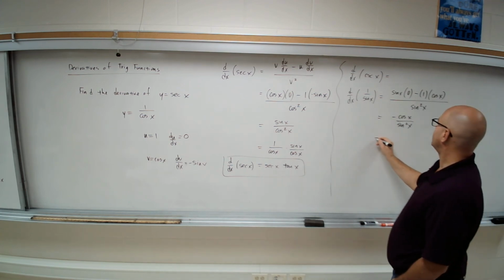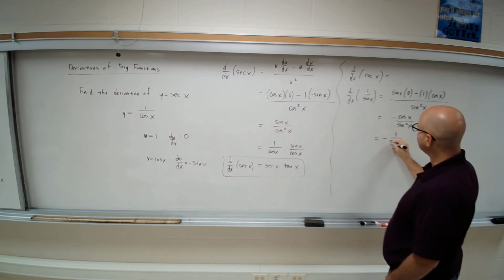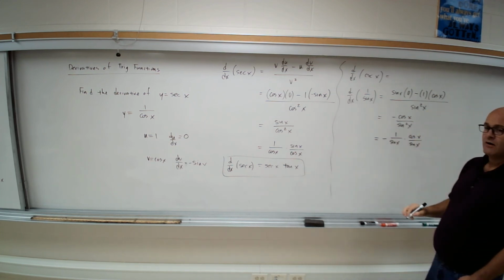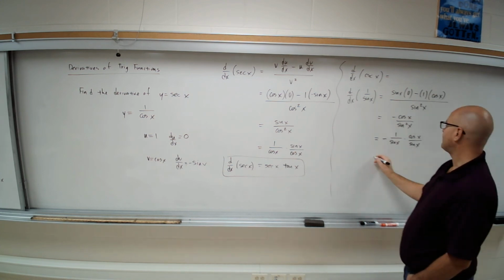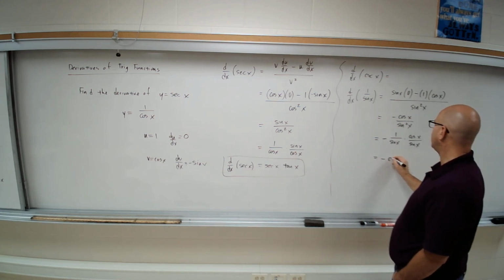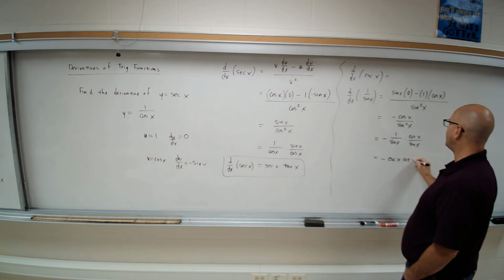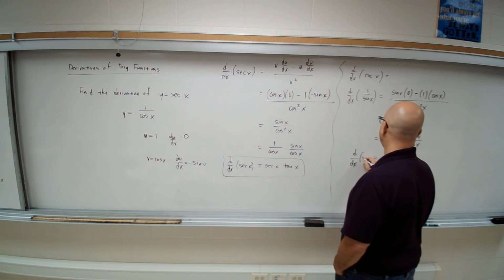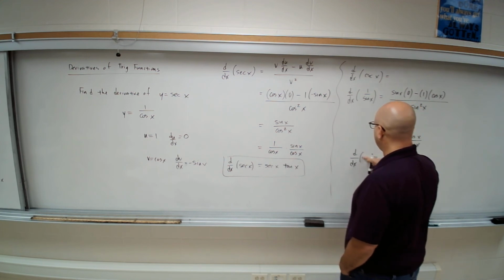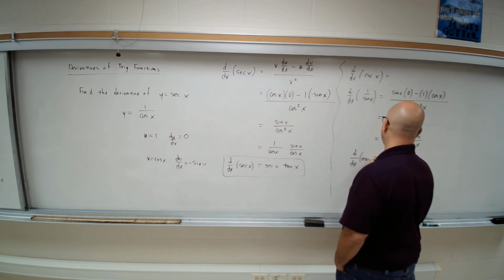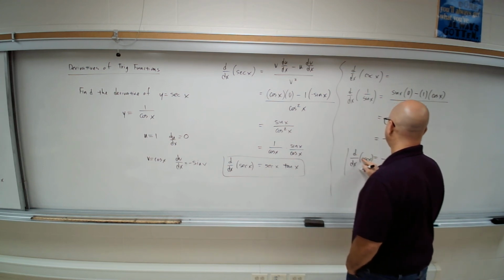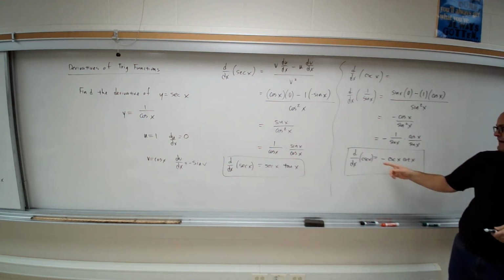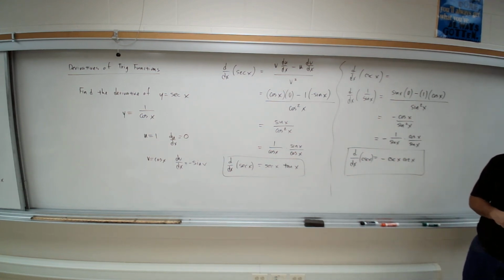So this is negative 1 over the sine of x times the cosine of x over the sine of x, which gives us negative cosecant x cotangent x for our sixth and final trig derivative. So the derivative of cosecant x is negative cosecant x cotangent x.